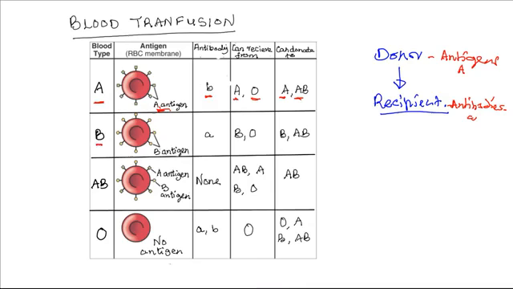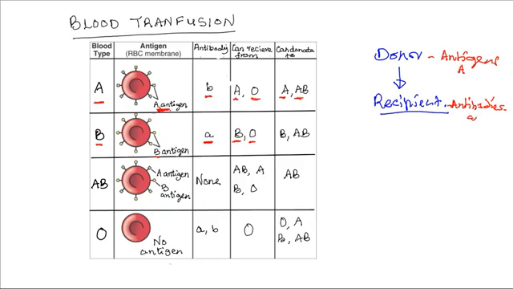Blood group B has antigen B and antibody A. Therefore, if B is the recipient, he can receive from another B and O, but not A, because the antibody A will react with the donor's A antigen.